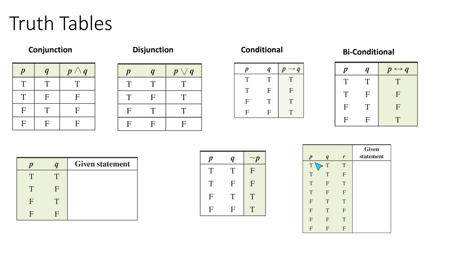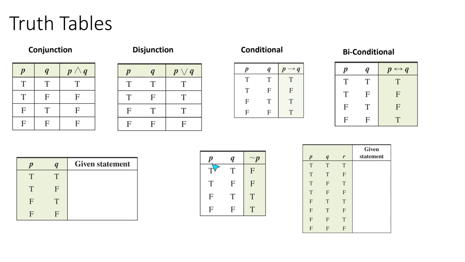If you have three statements, then we go with true, true, true, true, false, false, false, false. Then for Q, it alternates every two. So true, true, false, false, true, true, false, false. And then the last one alternates true, false, and so on. So we're going to focus on the one with two statements first, and then we'll continue with the three statements.